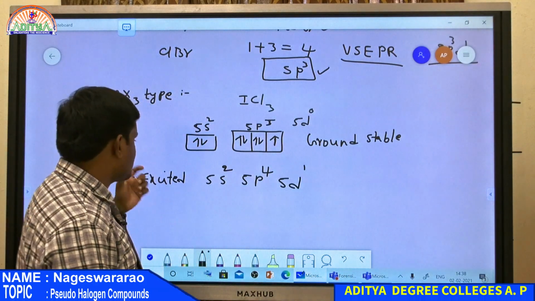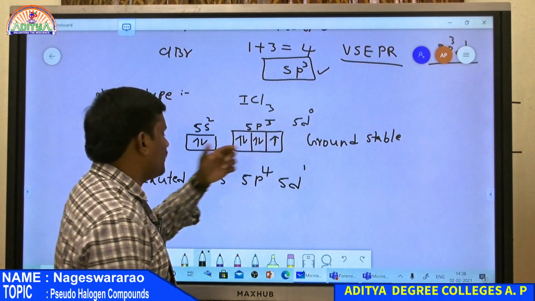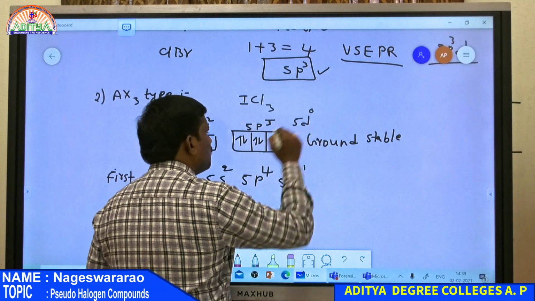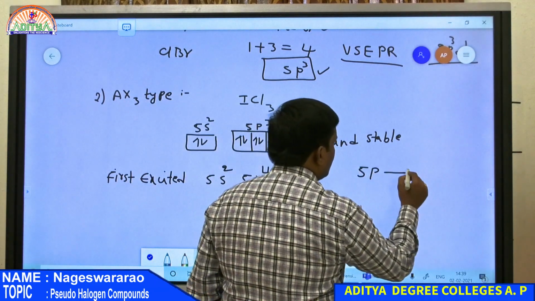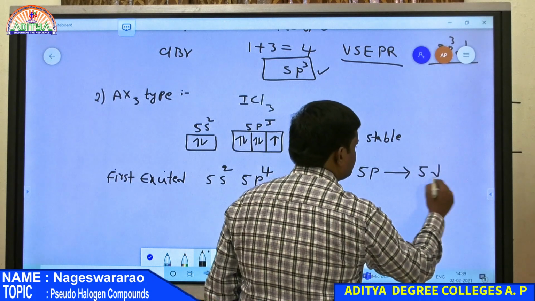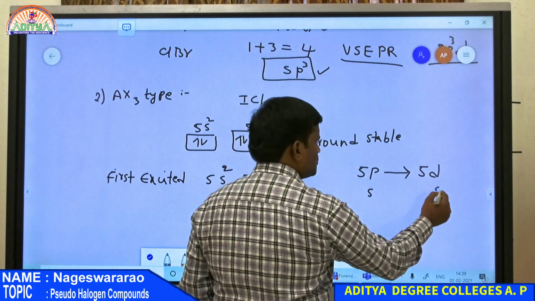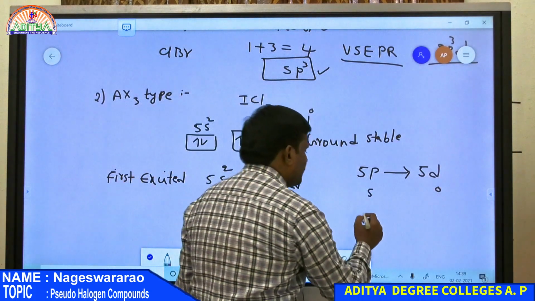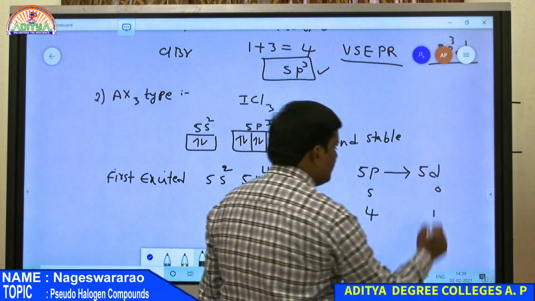Whereas in the case of the first excited state, 1 electron present in the 5p orbital undergoes a transition from 5p to 5d. Initially it has 5 electrons in 5p and 0 in 5d. After excitation, the configuration becomes 5p4 and 5d1.